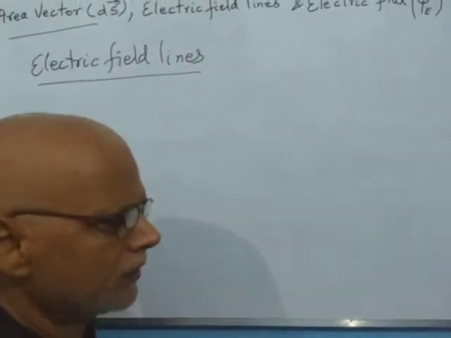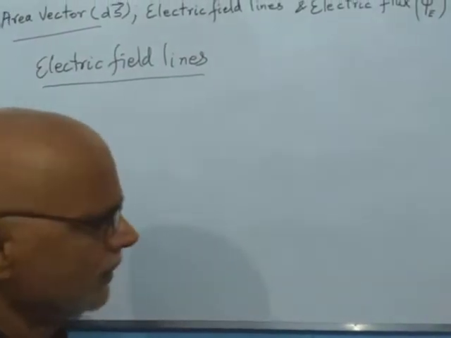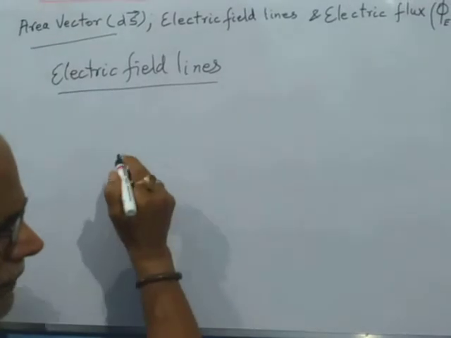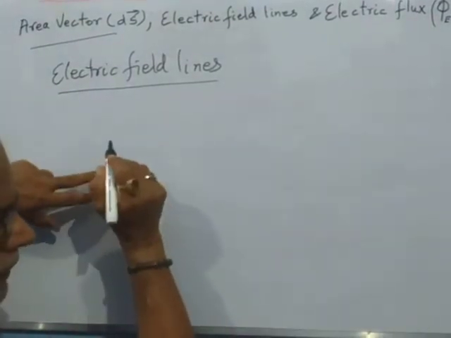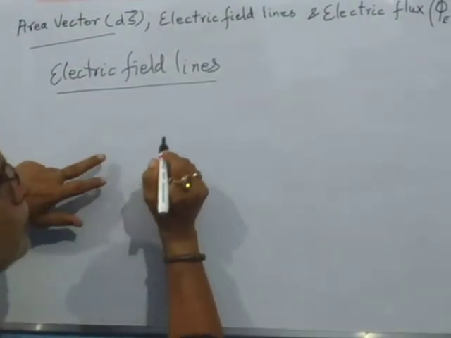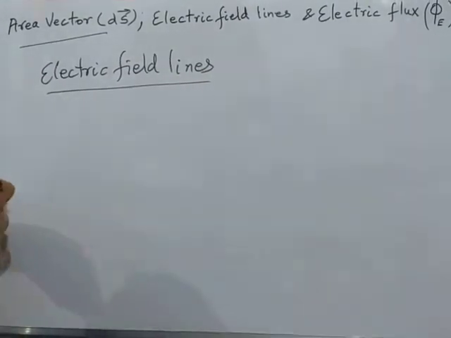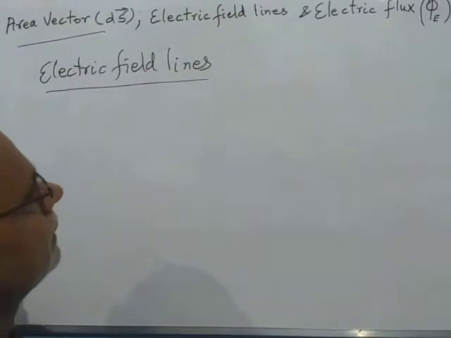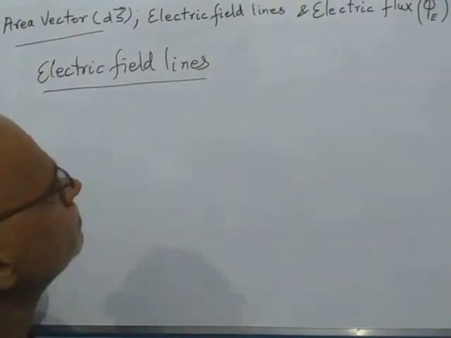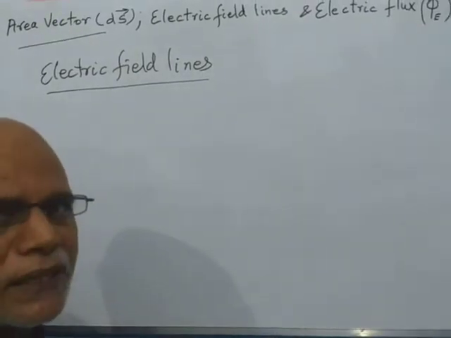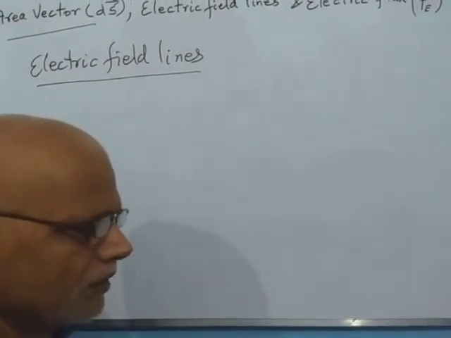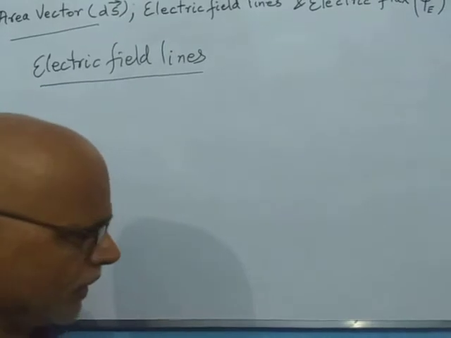First of all, you must understand it is an imaginary line. Electric field line is defined as the line, the tangent to which gives the direction of electric field at that point, and the total number of lines per unit area gives the magnitude of electric field at that location.